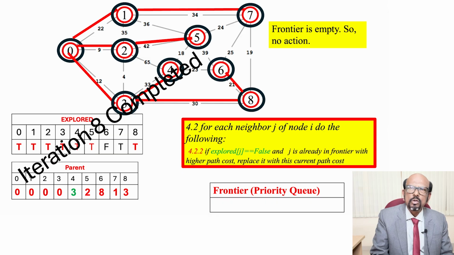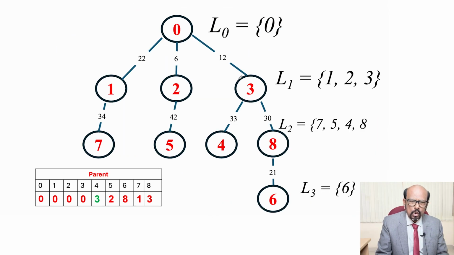That's all. So the final result is, look at the parent: 0, 0, 0. So for 0, 0 is the parent. For 1, 2, 3, 0 is the parent. For 4, 3 is the parent.